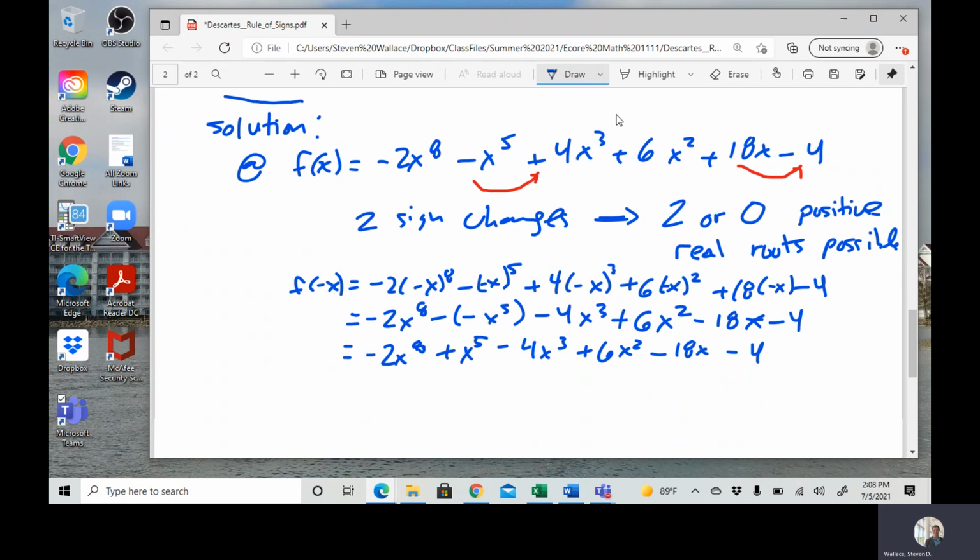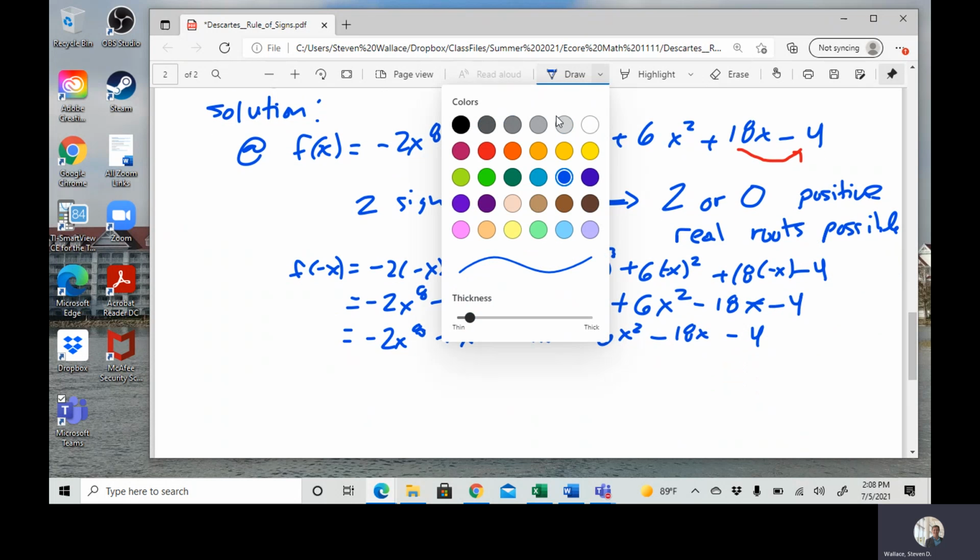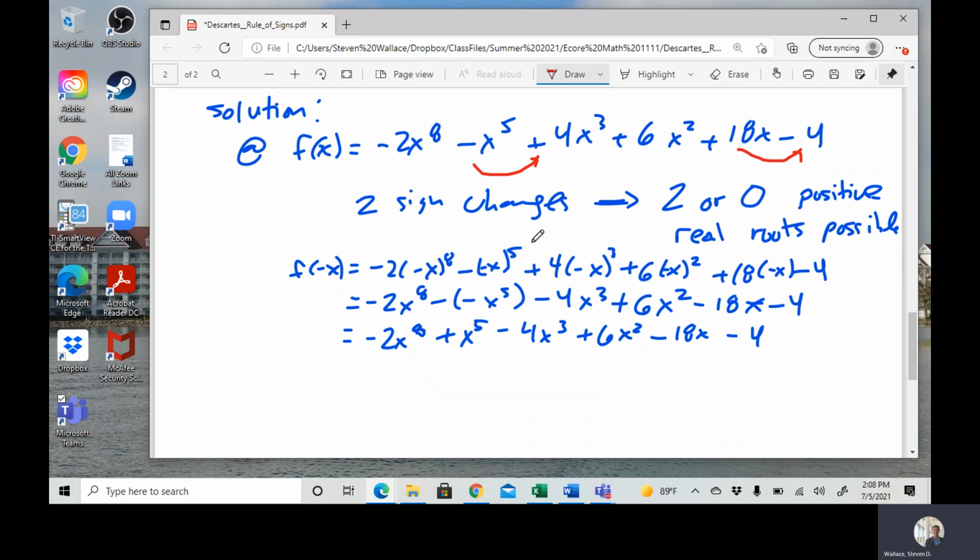Okay, what we got? So we got a sign change here from -2 to +1, then another sign change from +1 to -4, another sign change -4 to +6, another sign change to -18, and then not there. So 1, 2, 3, 4. There are 4 sign changes there.